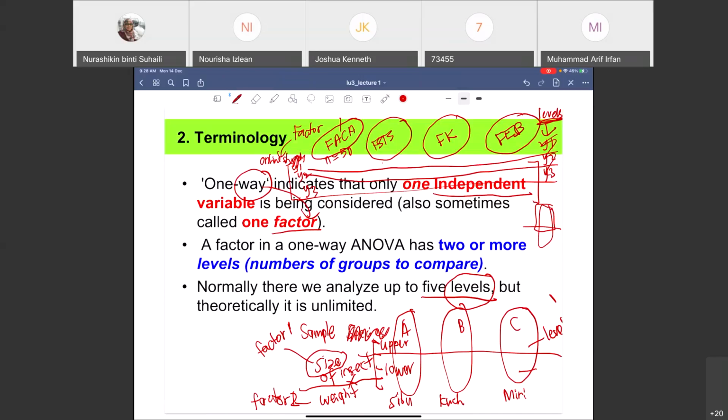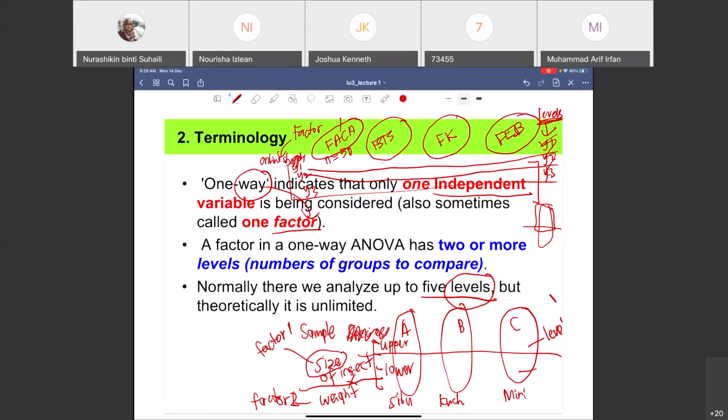You have to do lots of things. You have to measure specifically. You have to analyze specifically. Right. So that is the second example. I hope that is clear to give you an idea what is ANOVA, what is samples, what is factor, and what are levels.